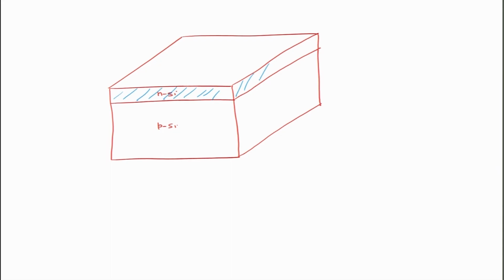On the top we have contact fingers. The contact fingers will be somewhere like this, and you need to optimize their length and their breadth so that you have optimized series resistance, and you can't cover the surface too much because of optical losses. So, these are contacts.